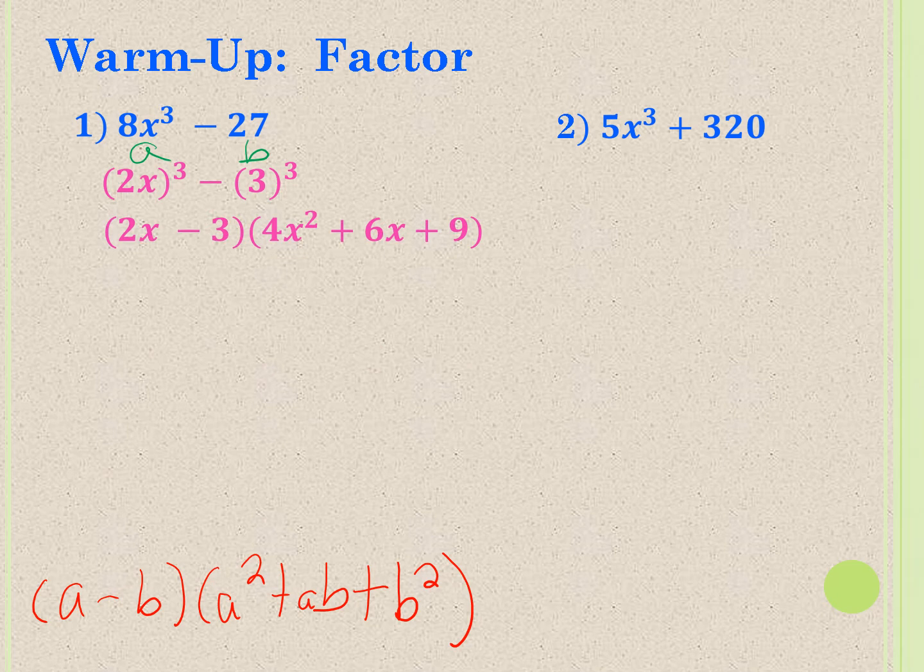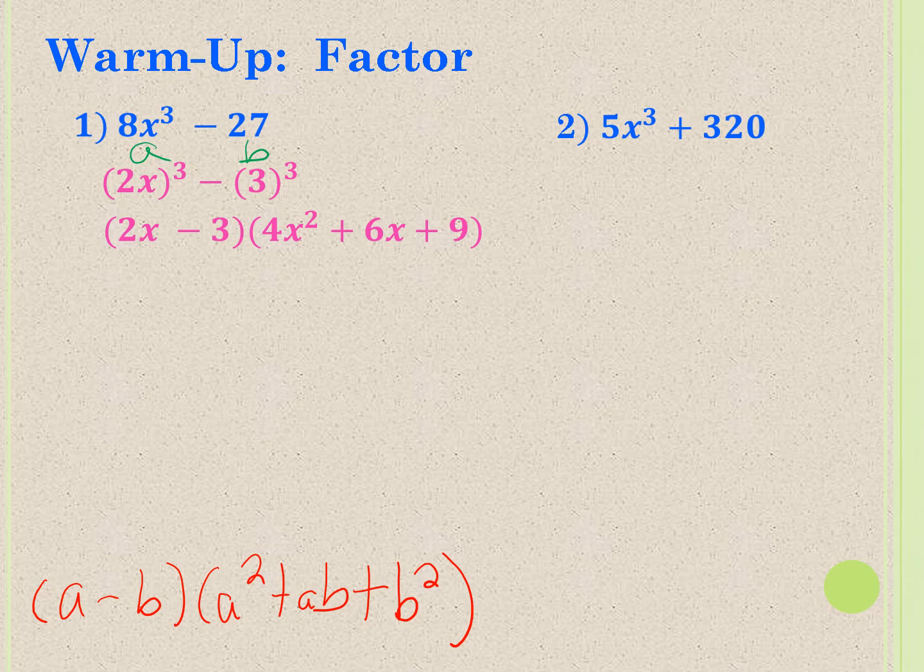And then our second parentheses, the trinomial, is A squared, so 4x squared, plus A times B, 2x times 3, 6x, plus B squared, which is 9. Now, if you've done this correctly, the trinomial will not factor further, and if you did put that into quadratic form, you would get an imaginary as the solution.